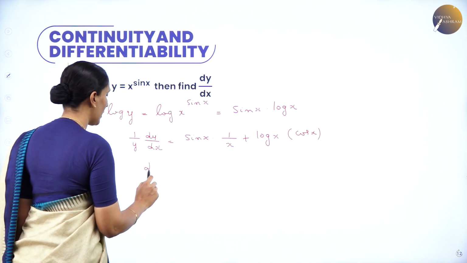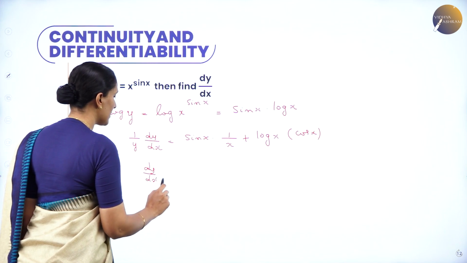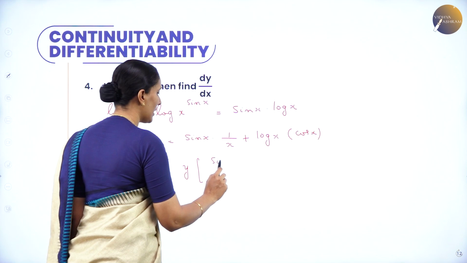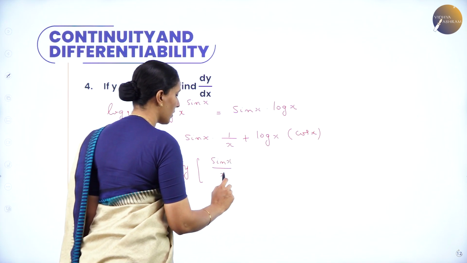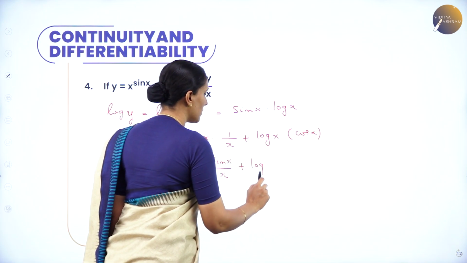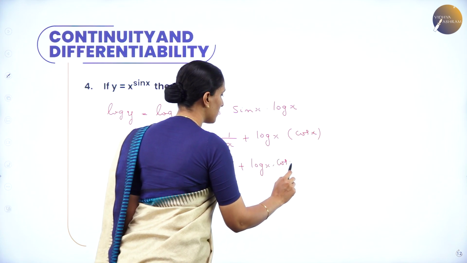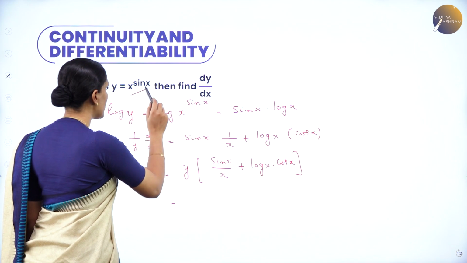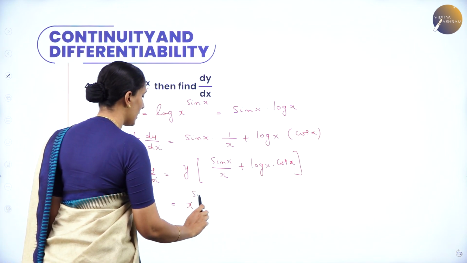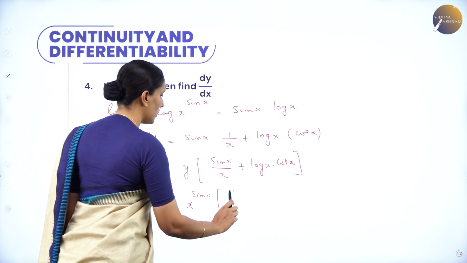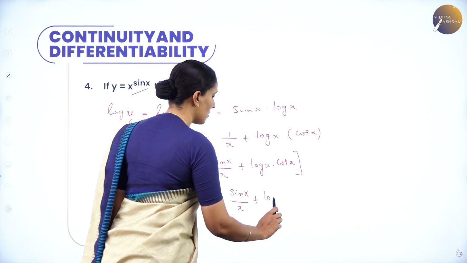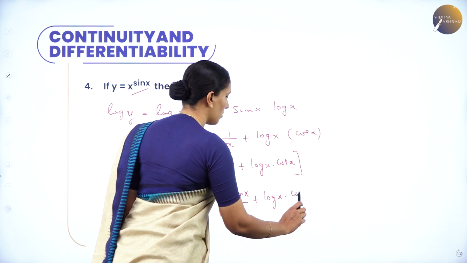So therefore we will get dy by dx is equal to, we can shift y here, y times (sin x by x plus log x into cos x). Which can also be written as, y value is x to the power sin x, times (sin x by x plus log x into cos x).